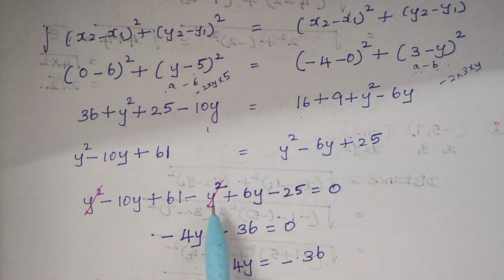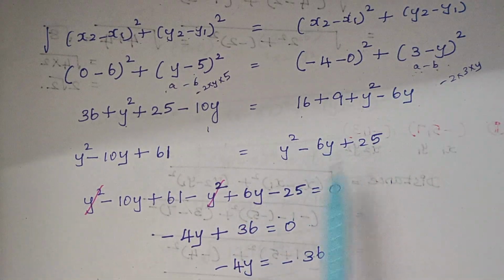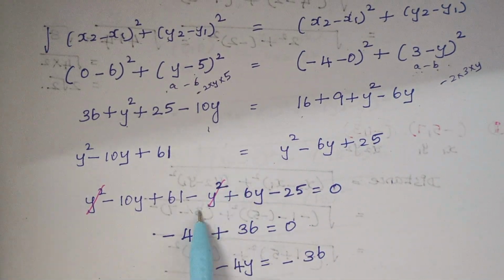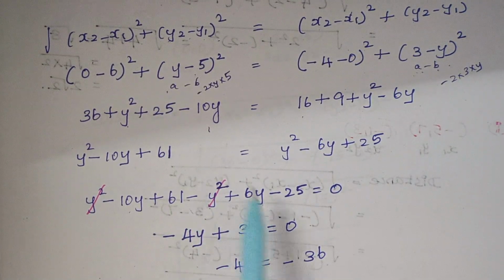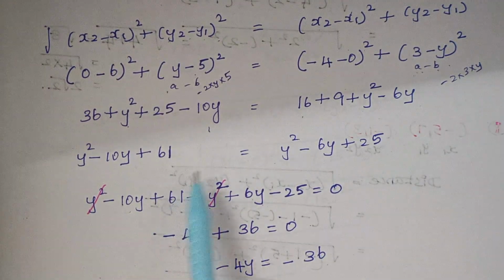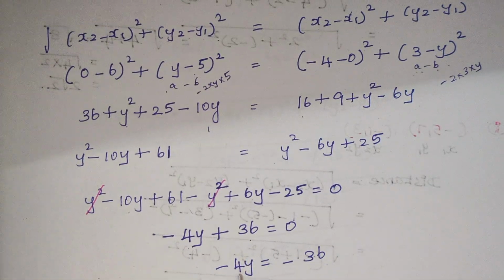So here this becomes minus y square and this minus 6y becomes plus 6y and this plus 25 becomes minus 25. Now you see y square and minus y square get cancelled and minus 10y plus 6y, minus 10 plus 6 gives you minus 4 and again 61 minus 25 gives you 36. So again minus 4y is equal to minus 36.